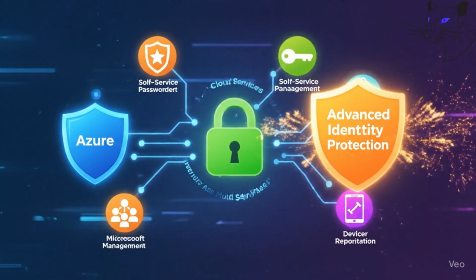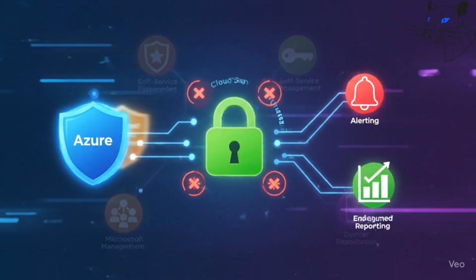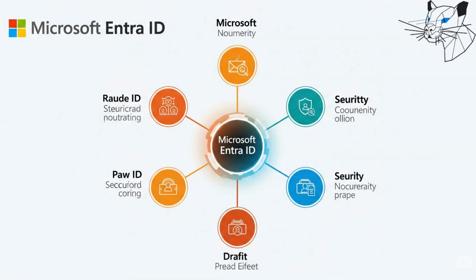Role-based access control, RBAC, self-service password, group management, and device registration provide enterprise-ready identity management solutions. Microsoft Entra ID also provides advanced identity protection in addition to enhanced reporting and alerting that can help you recognize threats more efficiently.